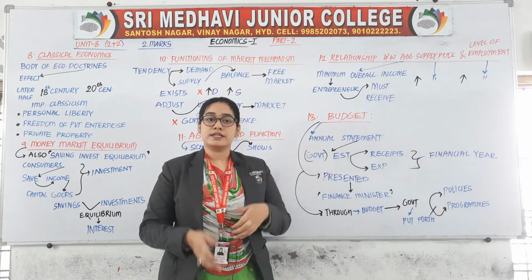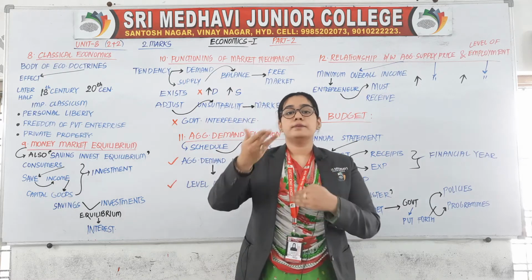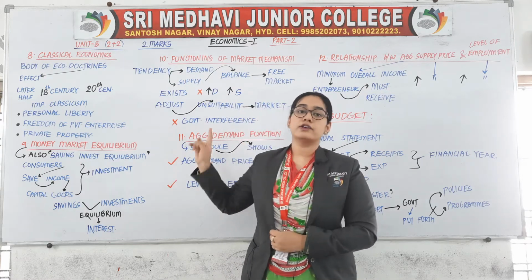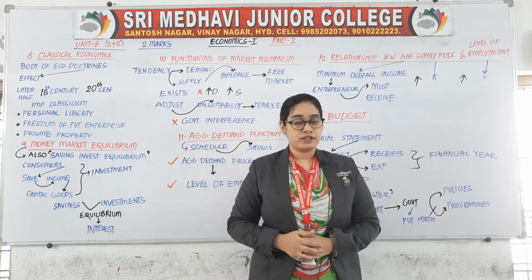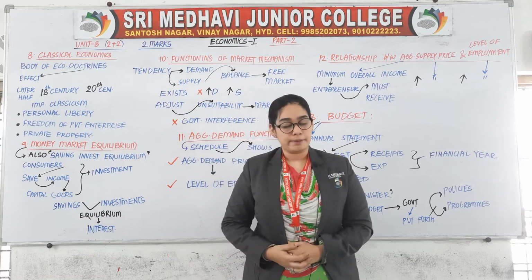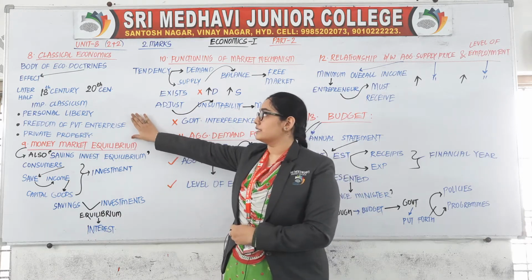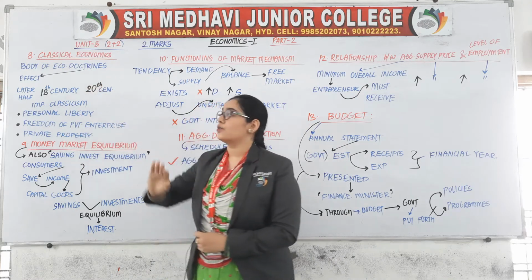Unit number 8 is not going to complete now. One more third part will be there, which is the final part of unit number 8. As we have a total of 19 concepts from unit 8, you are going to get any 2 in your board examinations. Now let us start the 8th concept, that is classical economics.